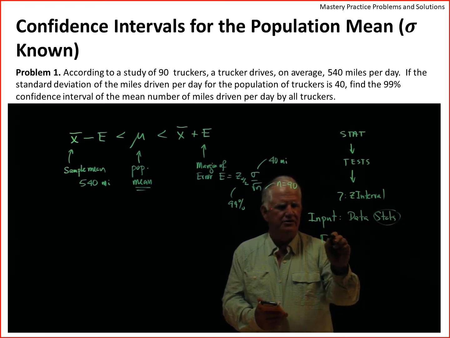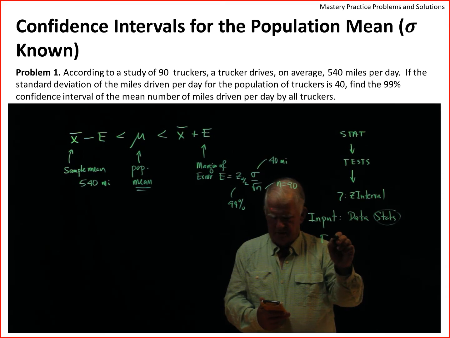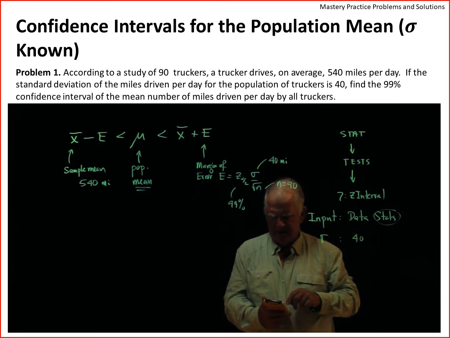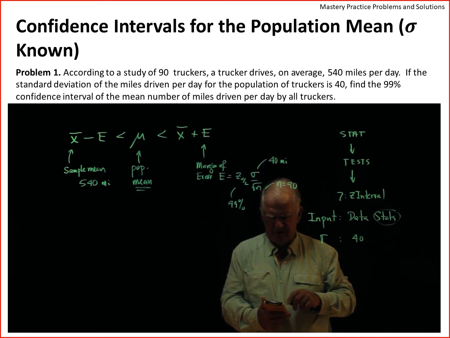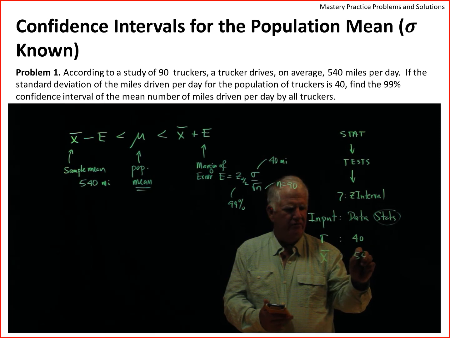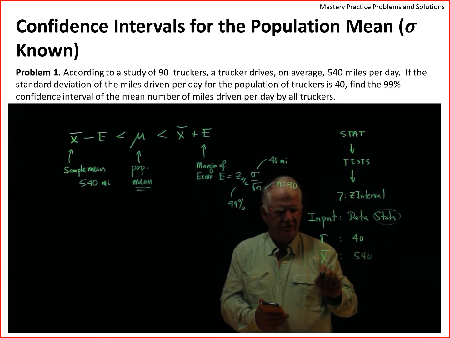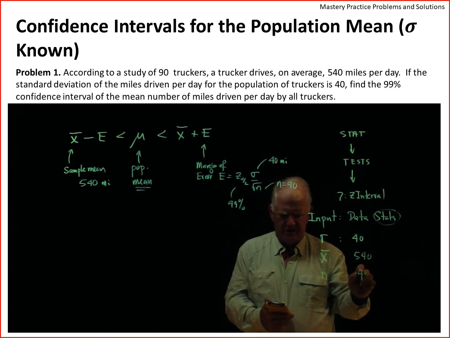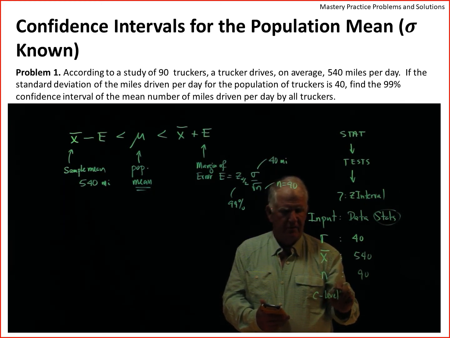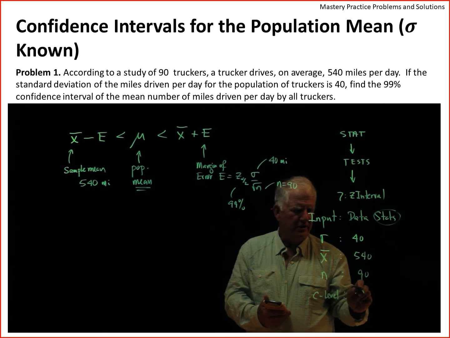Now it asks, what is sigma? Sigma is, as we've seen above, 40, so I'm going to enter that. Then it asks, what is the sample mean? I'm going to enter 540. Then it asks, what is n? I'm going to enter 90. And finally it asks for the C-level, and I'm going to enter 0.99.